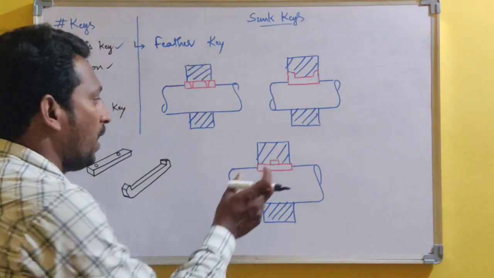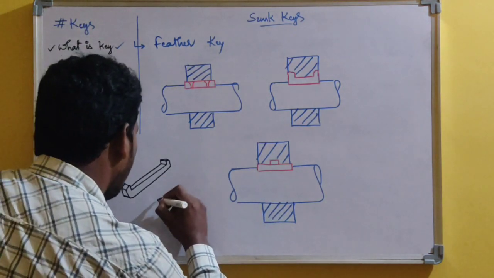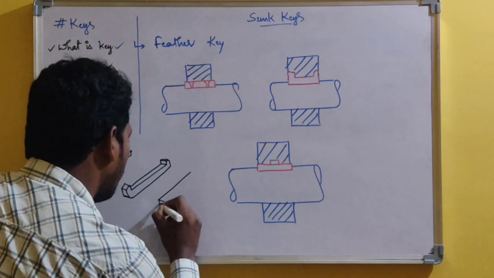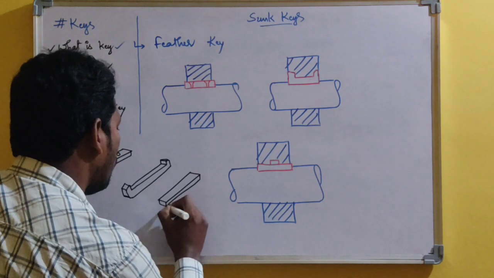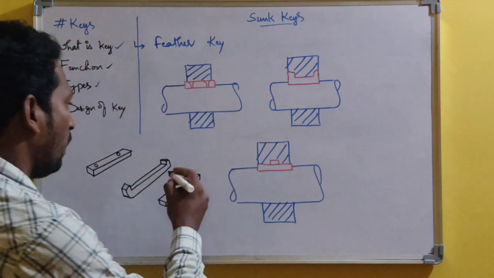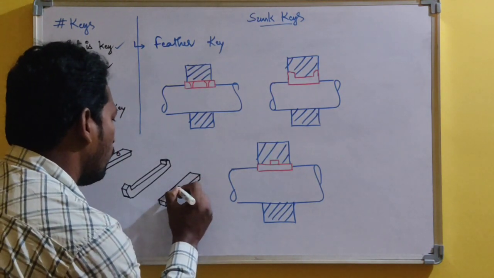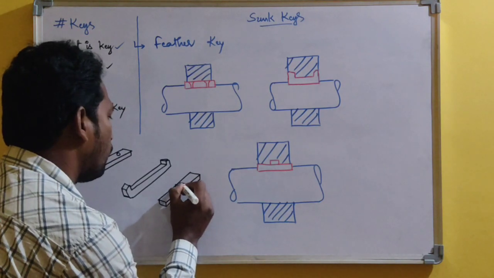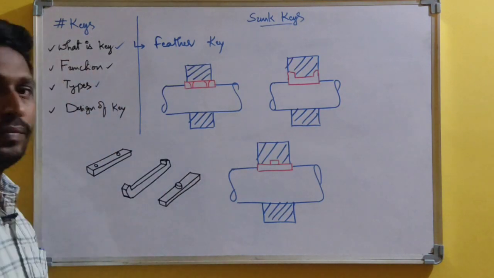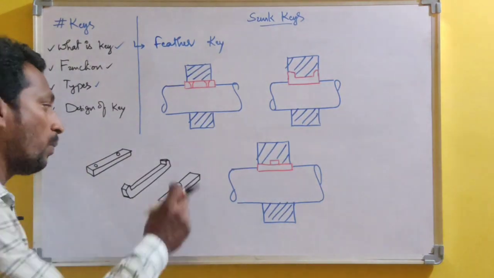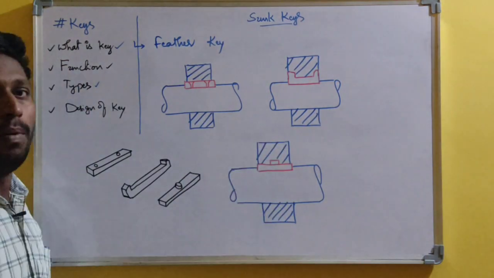And in the third case, here it has a key like that, and there is a small cylindrical portion made at the center. So this portion will be inserted into the hub.